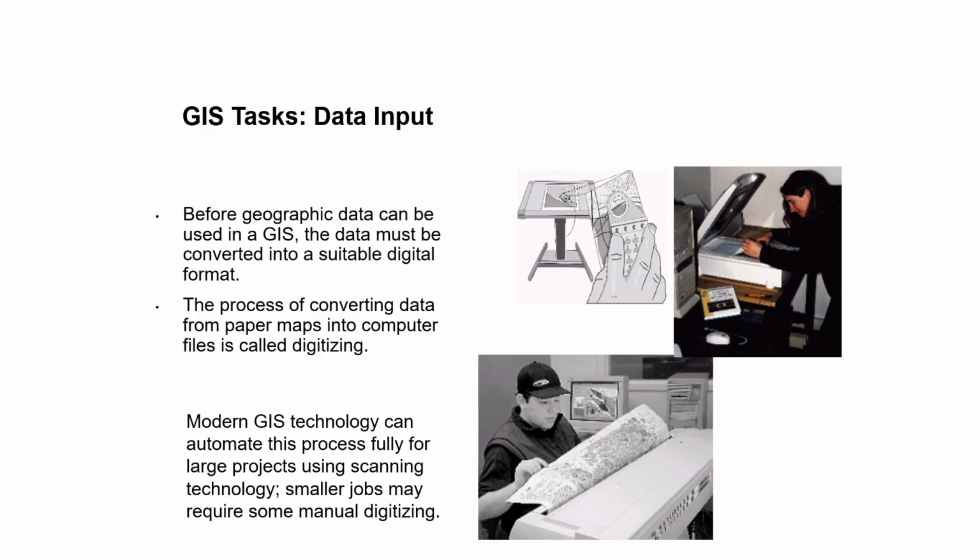Modern GIS technology can automate this process fully for large projects using scanning technology. Smaller jobs may require some manual digitizing. Digitizing is making different points, lines, and polygons on a map manually.